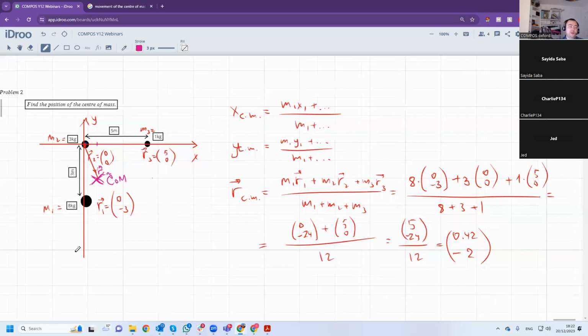Where is that formula from? Well, we show it in the assignment. It's the definition.